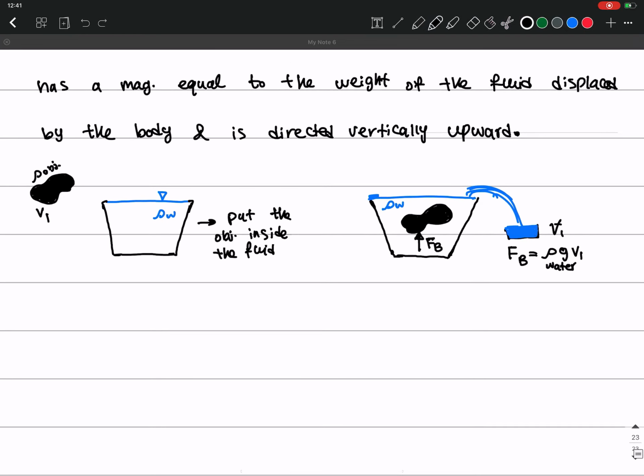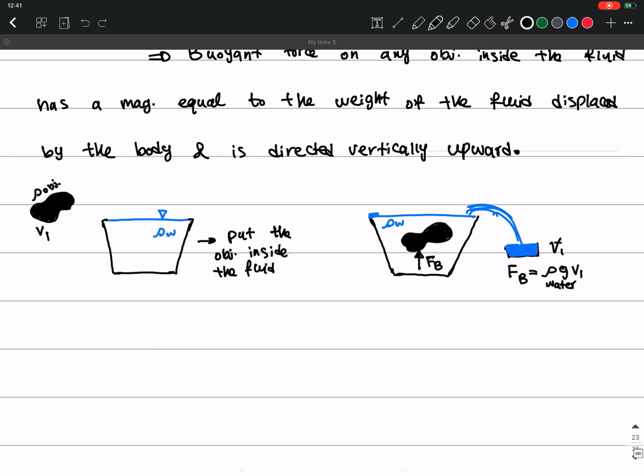If it is not fully inside, say only half of it was inside, so this much water was displaced, then the buoyant force would be rho water g, and if this has a volume of VD, it is going to be rho water g times VD.